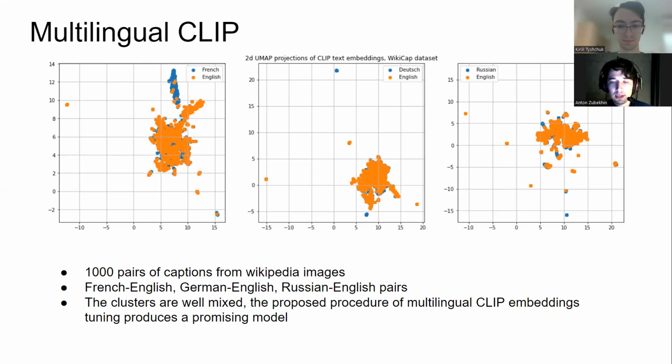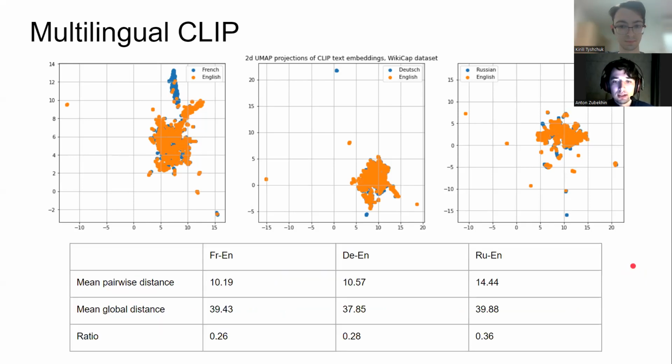We can see on the next slide that this data allows us to understand whether the relationship between two point clouds is a good representation of the high-dimensional data or not. For example, the ratio of the mean pairwise distance to the mean global distance, which represents the characteristic size of the point cloud, is quite low.